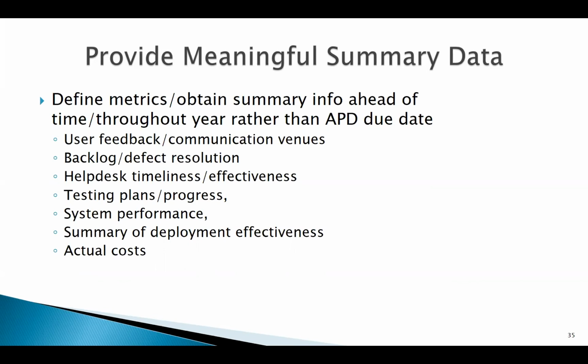Summaries of how effective your deployment process is. And then we already talked about actual costs, but those are just normal kinds of data. You may have other ones that give us just a sense of how the project is functioning.